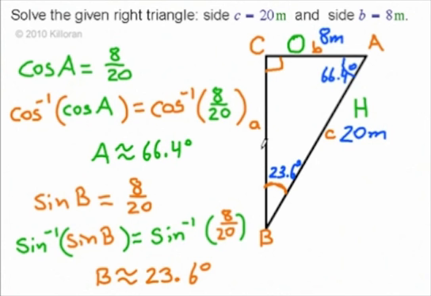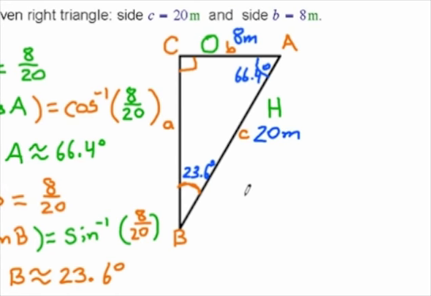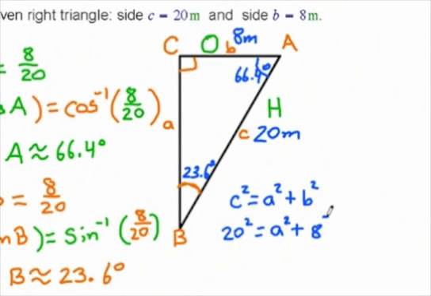just use the Pythagorean theorem. It's going to be a little bit more accurate than using these approximate angles. So if you set up the Pythagorean theorem, that would be c squared equals a squared plus b squared. And in this case, the a, b, and c are perfectly labeled. C is 20, so you'll have 20 squared is equal to a squared is what we're looking for, plus b squared, which would be 8 squared.